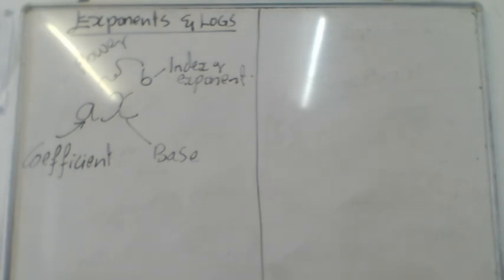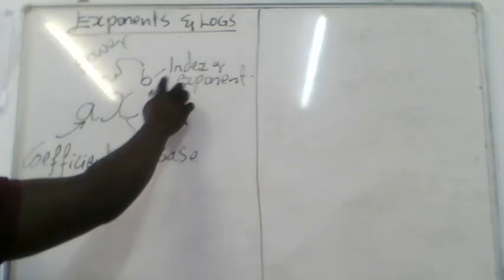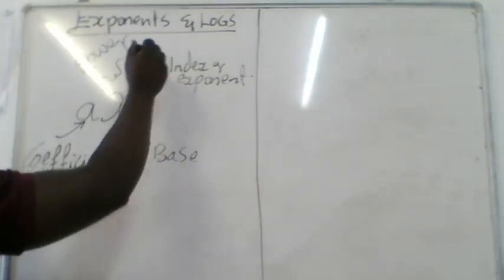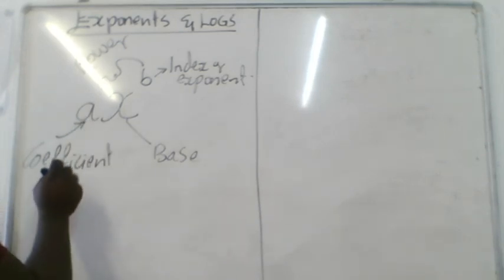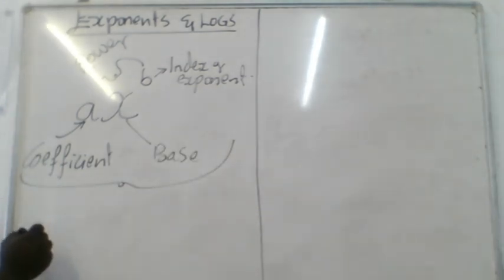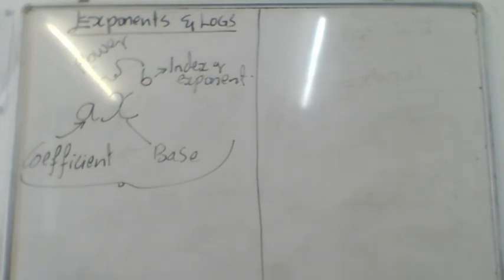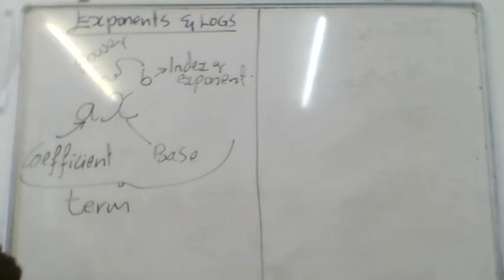The whole system of all the three forms what we call the term. So this is power, this is exponent, the b, this is base, this is coefficient, then everything is considered as the term. So that is what makes these exponents.